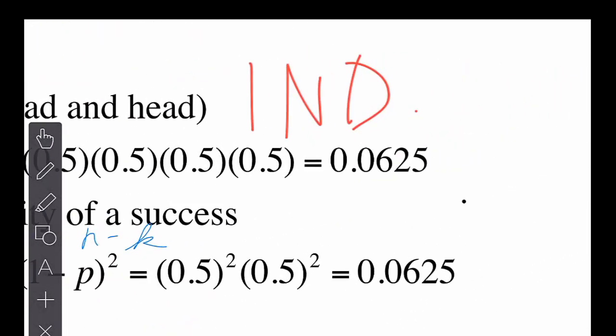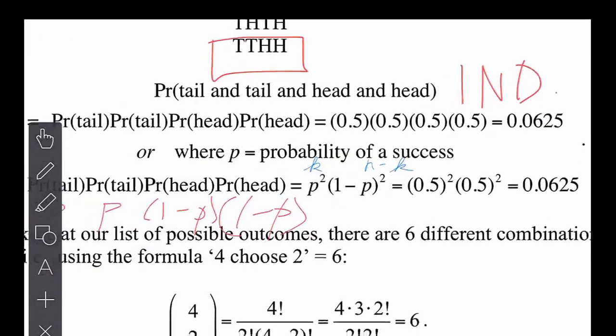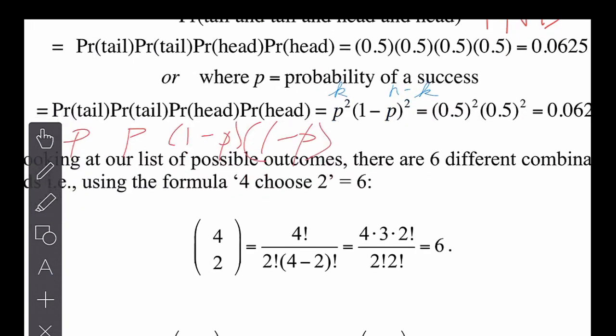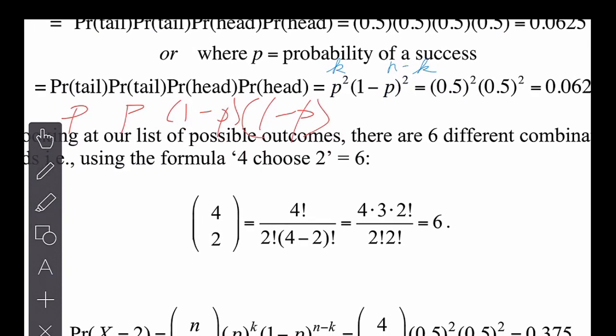I pretty much derived the first part of the formula, but what is that front part? The front piece is not a fraction, it's actually, sorry, it's a factorial. If you remember the symbols from high school, in this case, 4 choose 2 is 4 factorial divided by 2 factorial times (4 minus 2) factorial.